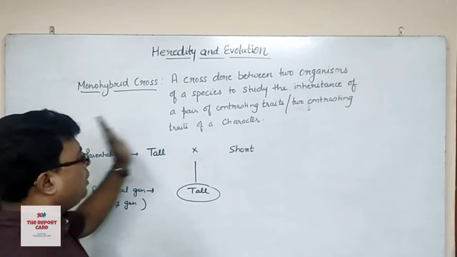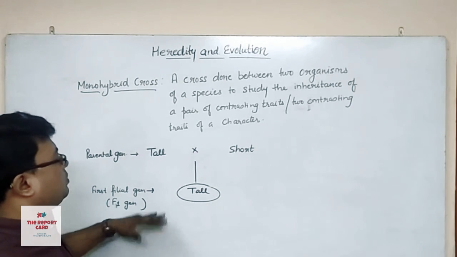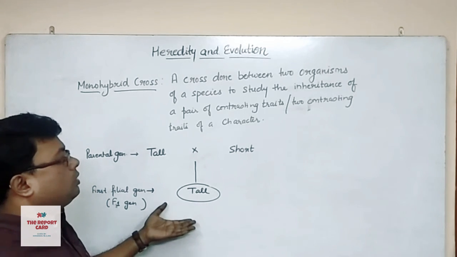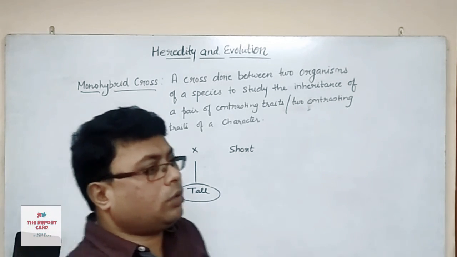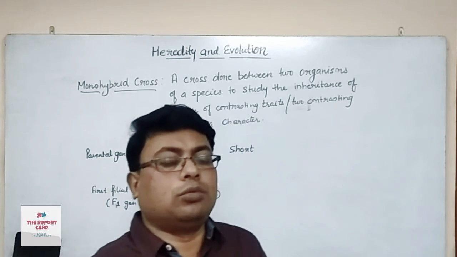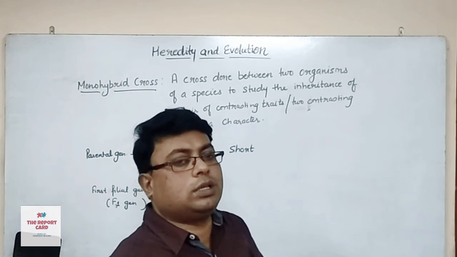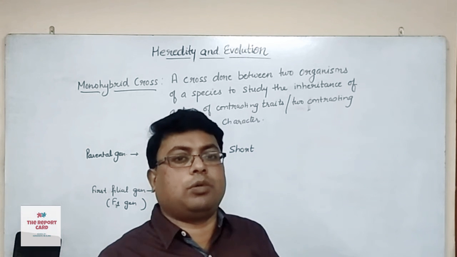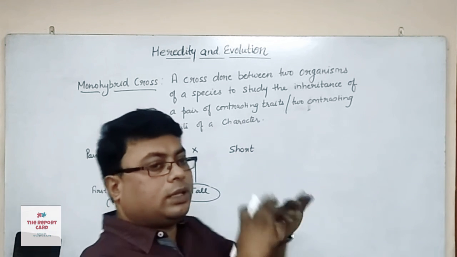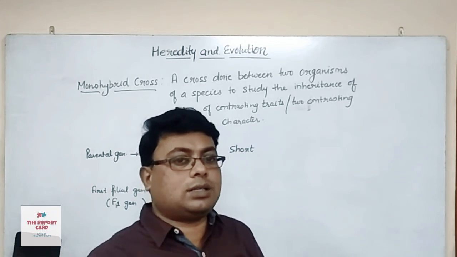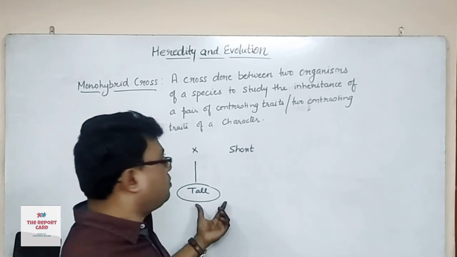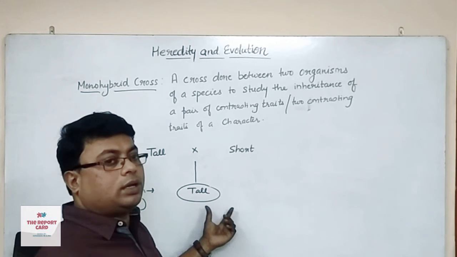But before we move on to what happened and how it happened, if we show the crossing genotypically, with the genotype of all the traits, we will understand how this particular trait came into existence.